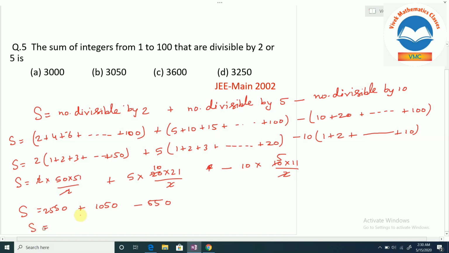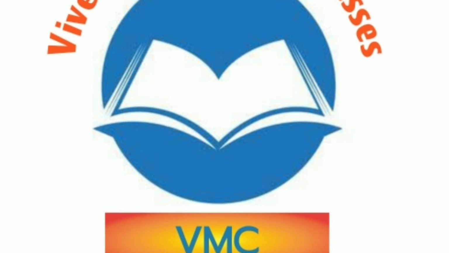So this S will be, if we add these, 2550 plus 1050 equals 3600, and if you subtract 550, you will get 3050. 3050.